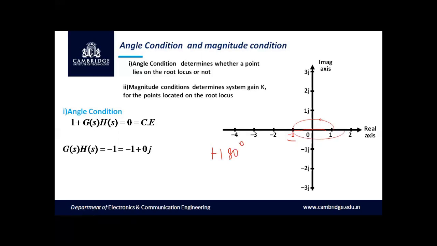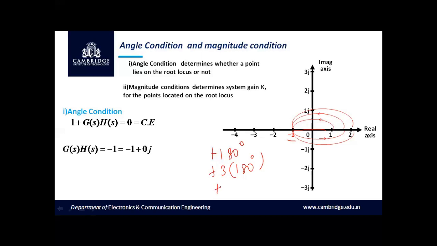If I go around twice more, again I come back to the same place, so it is plus 3 times 180 degrees. Again I can go around twice and reach the same point. Every angle represents the angle to the same point, -1.